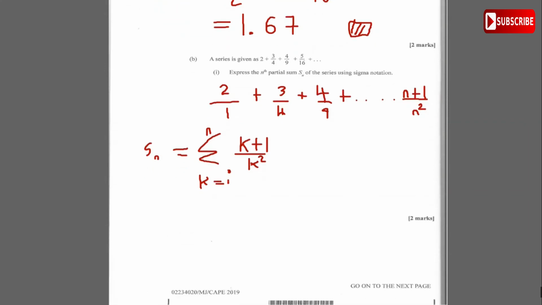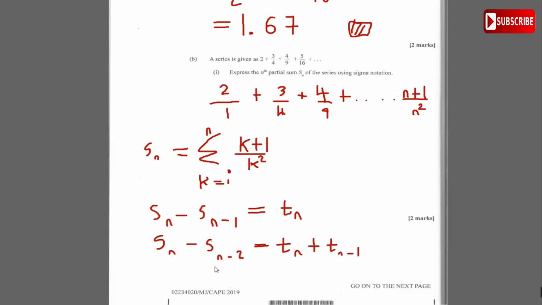If you're going to find S20 minus S18, there's something I want to show you. If you're working out Sn minus Sn minus 1, you get just the last term, Tn. And so if you're working out Sn minus Sn minus 2, what you get is Tn plus Tn minus 1.